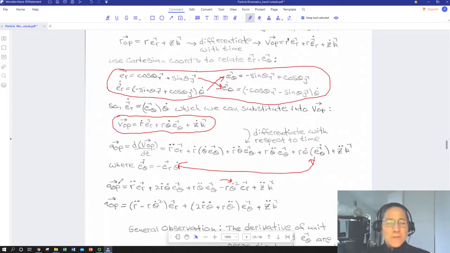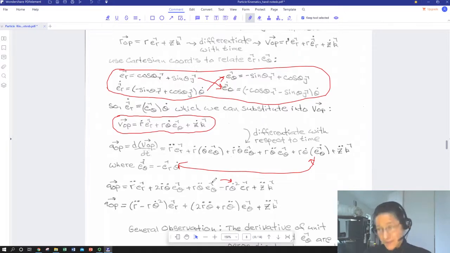So our acceleration of point P with respect to O in cylindrical coordinates is the second time derivative of r in the r hat direction, plus 2 times the first time derivative of r times the first time derivative of theta aimed in the theta hat direction, plus r times the second time derivative of theta aimed in the theta hat direction.